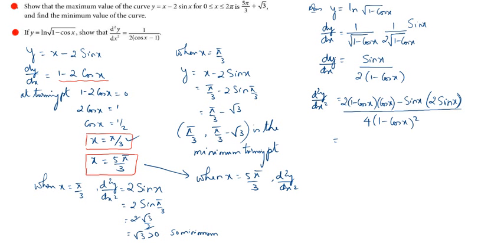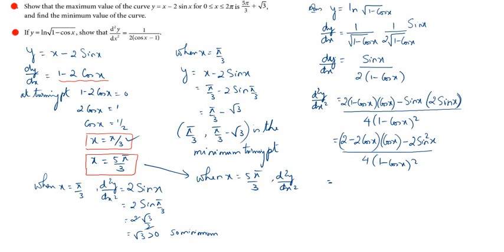We will open this bracket: 2 minus 2 cos x into cos x minus 2 sin squared x upon 4 into 1 minus cos x the whole square. There could be another method, but I have chosen a different route.